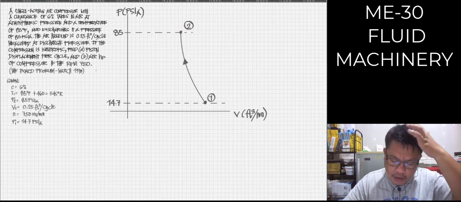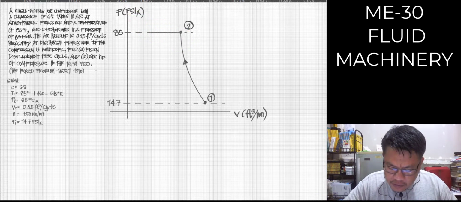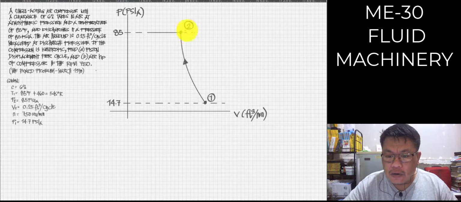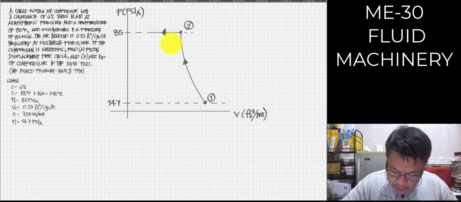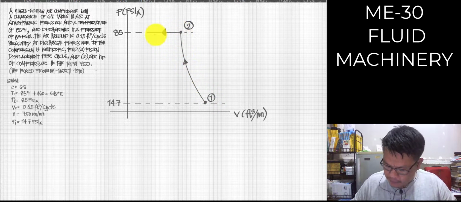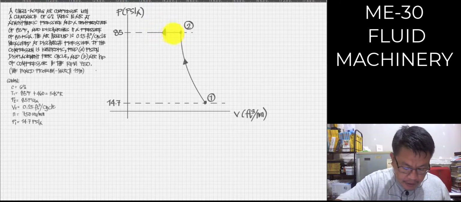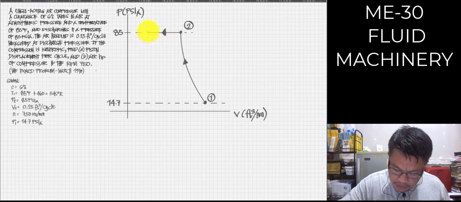Then we have a straight line from 2 to 3. As the compressor delivers to the discharge line, we have constant pressure, so I have my point 3 here.